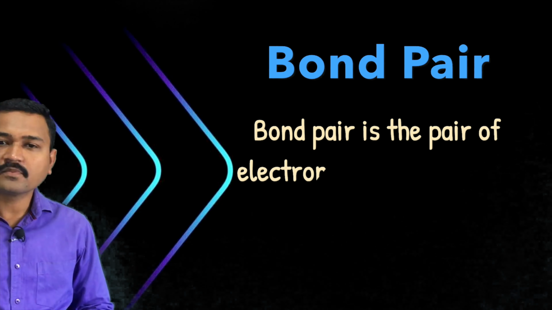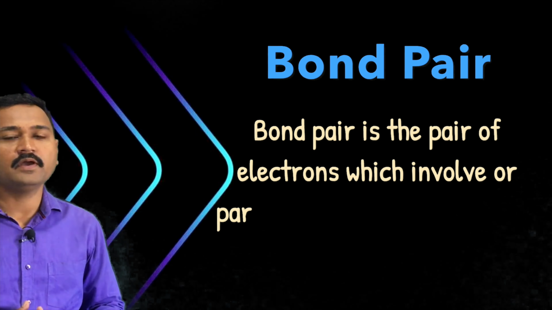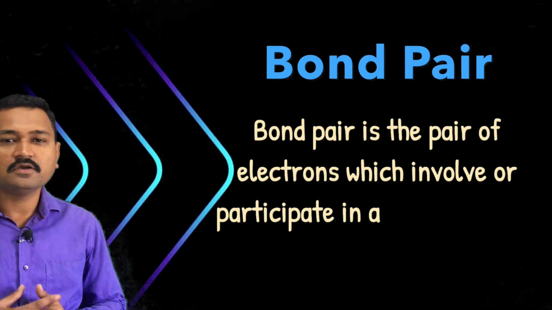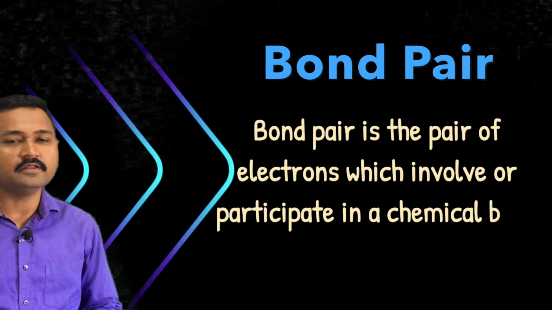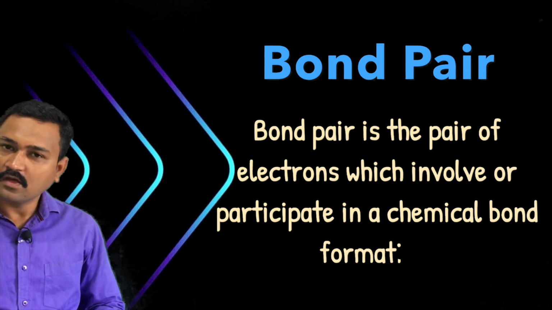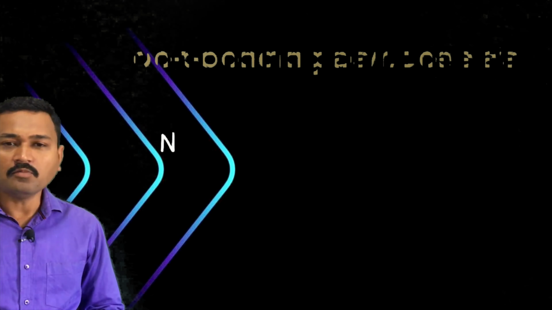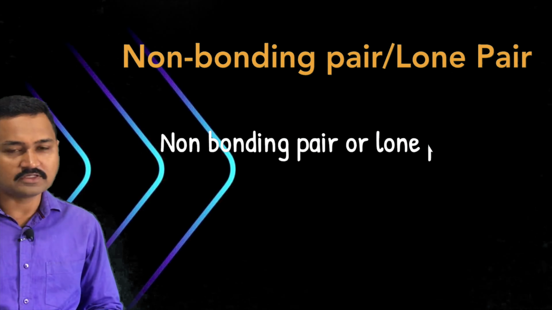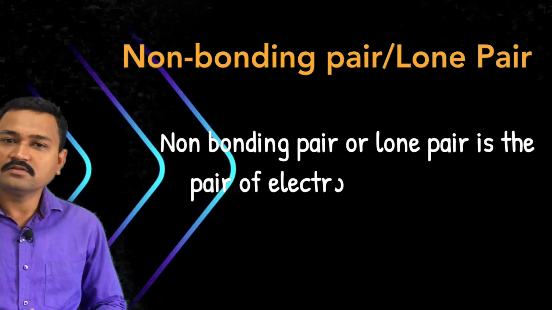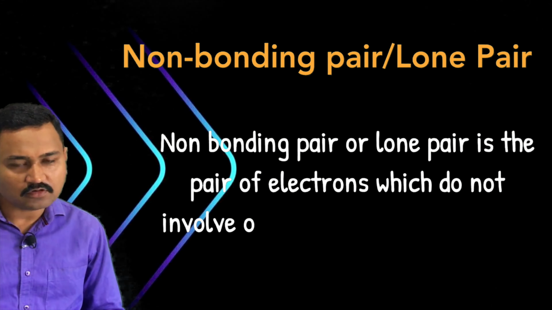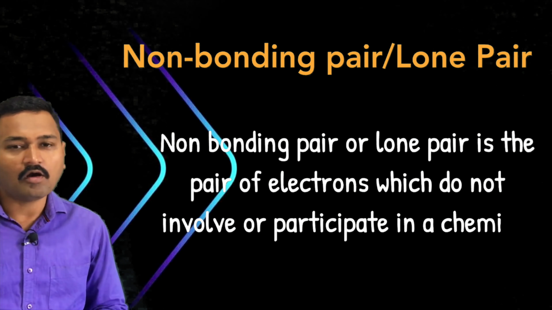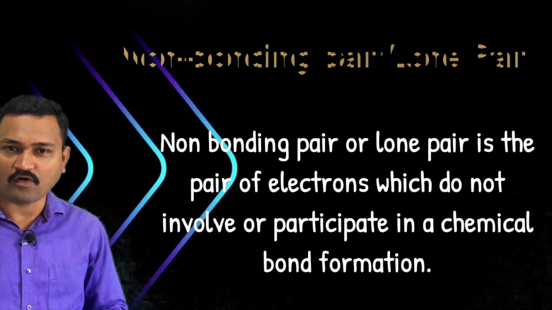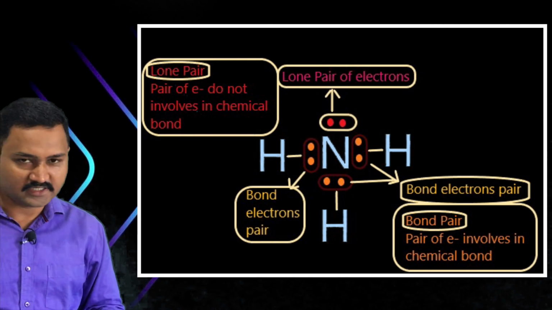Bond pair is actually the pair of electrons which participate in a bond formation, while the non-bonding pair, which we also call a lone pair, is actually the pair of electrons which do not participate in a bond formation. Here I have taken the example of the NH3 molecule.